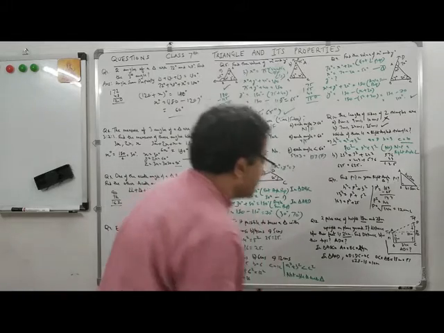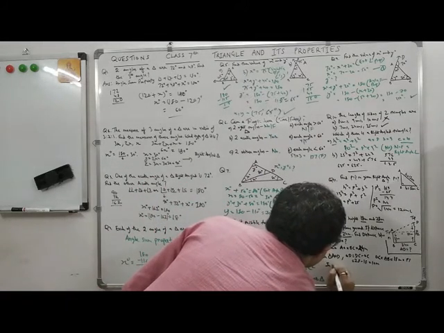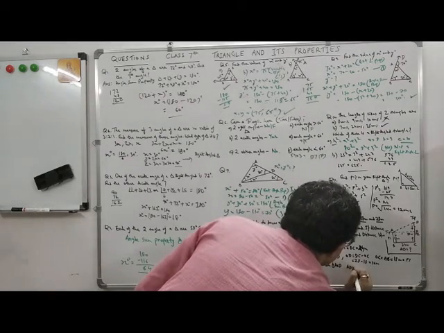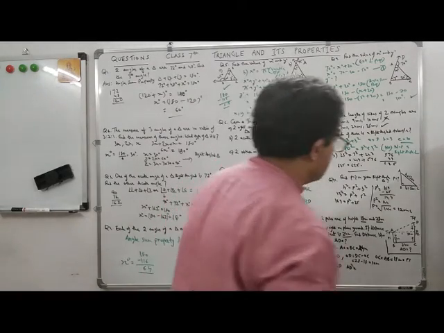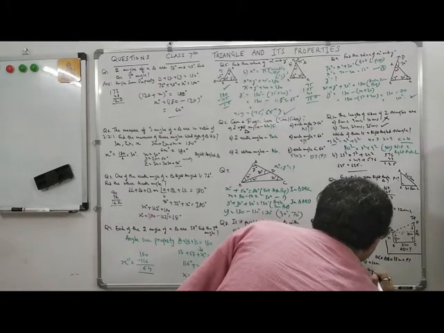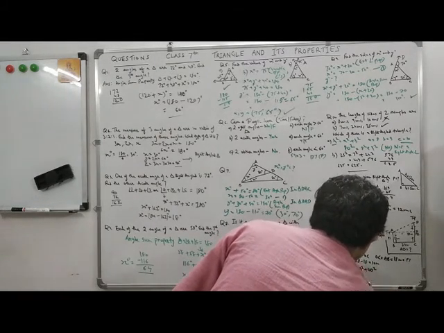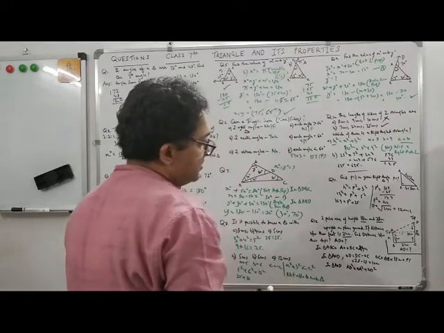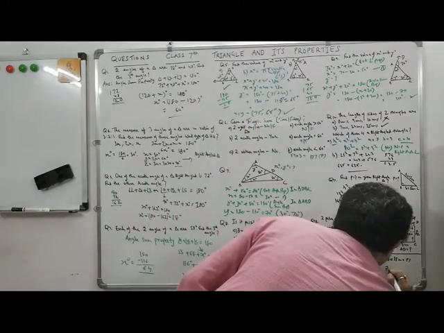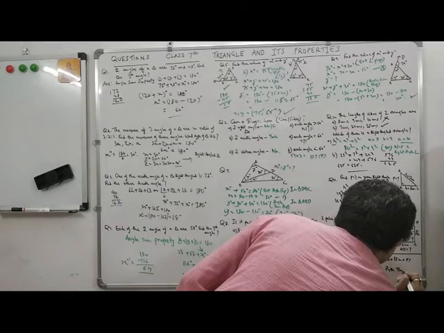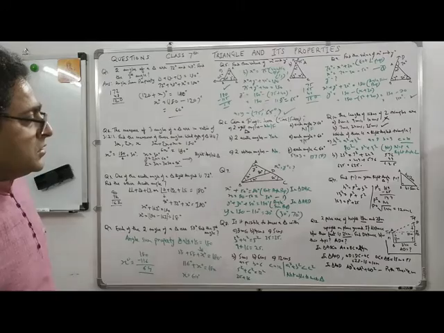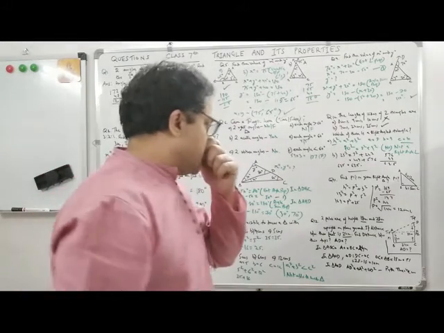So in triangle AOD, AD square is equal to OA square plus OD square. Now you just replace the values because AD is required. This is the Pythagoras theorem. By Pythagoras theorem, what will happen now?